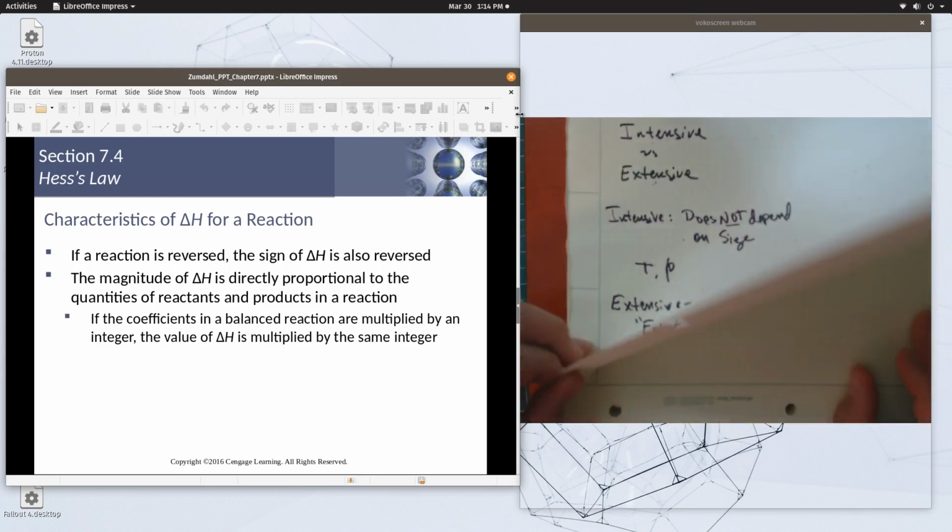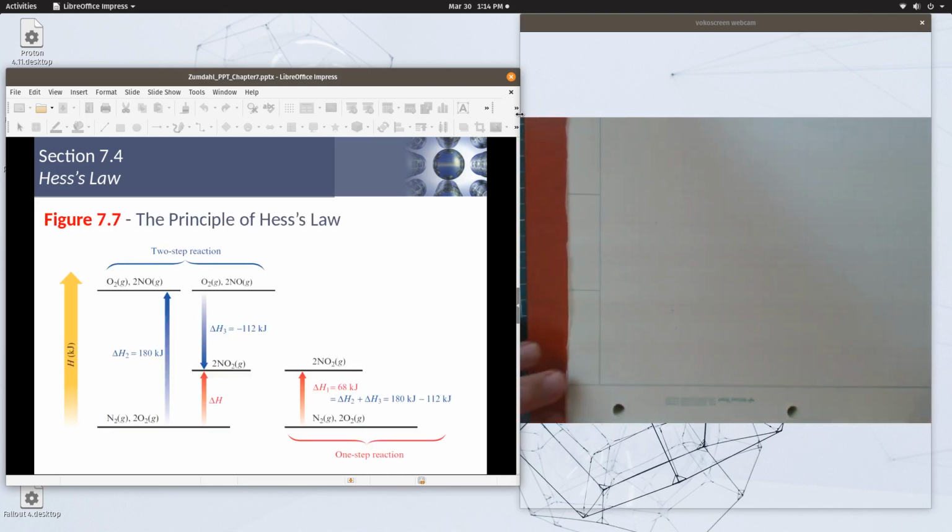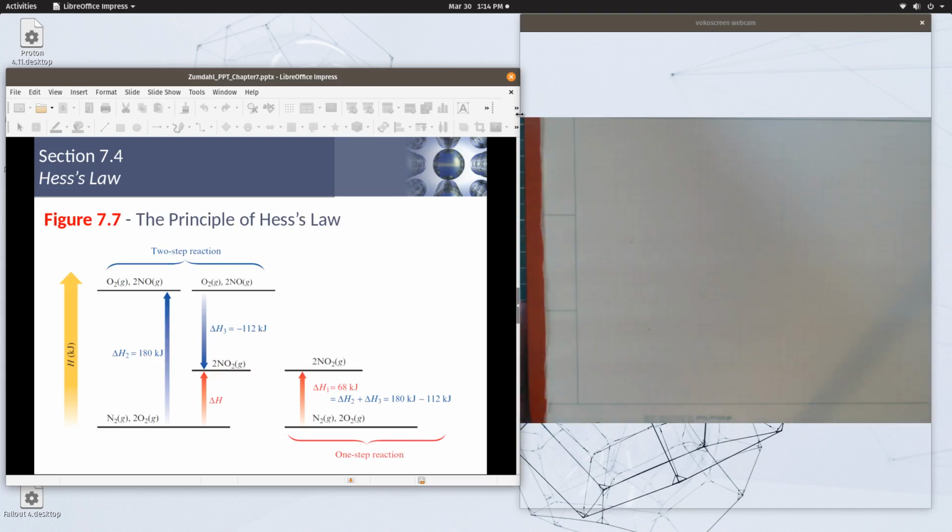Okay. Now that allows us to do, for example, a multitude of different kinds of pathways. What I have written out over here is this particular pathway that we just worked through. We start off with N2 gas and two O2 gases.